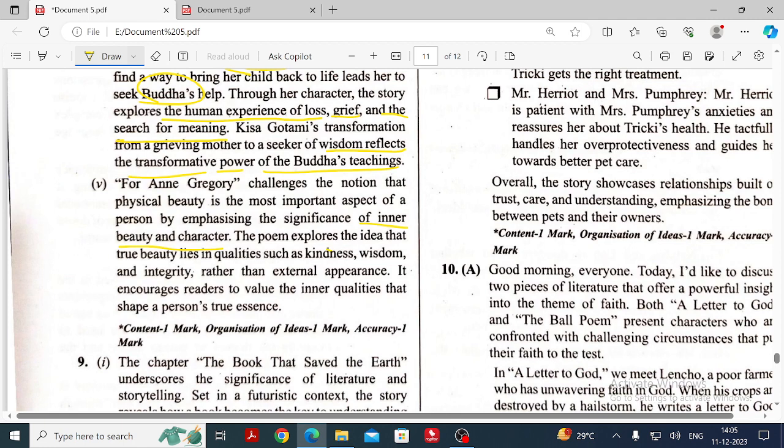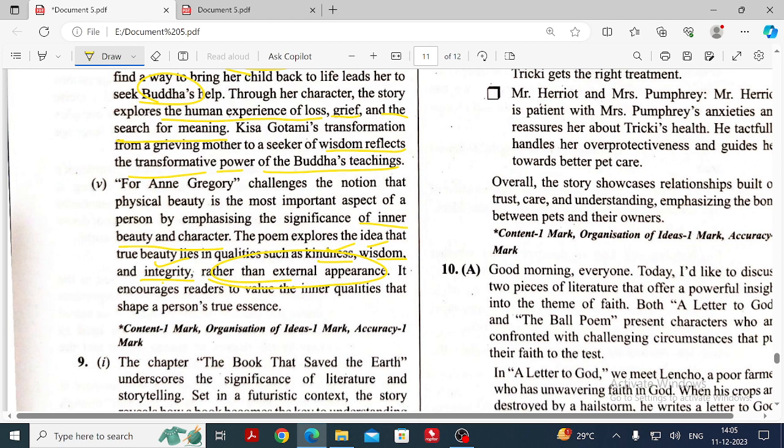If a person is very kind, that is inner beauty. If the person is very witty, meaning knowledgeable, that is inner beauty. And then integrity, the way he behaved in social life and with the surrounding people. Rather than the external appearance, we should give more importance to this. Beauty means only these things.